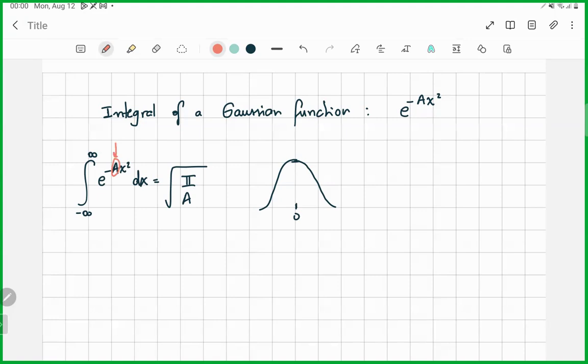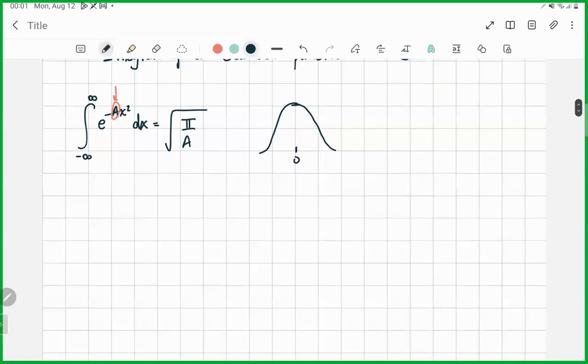So it's a trick to show that. And what is the trick? Well, I'm going to multiply this integral by itself. Nothing prevents me from doing the following.